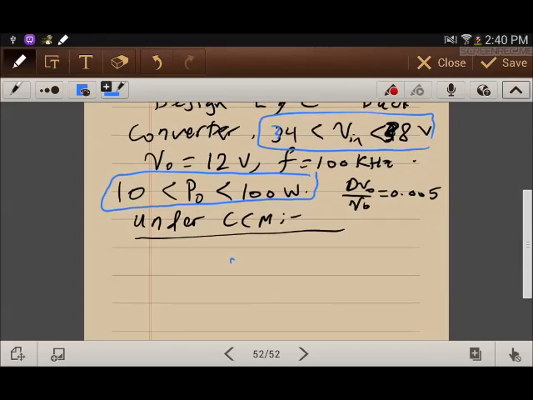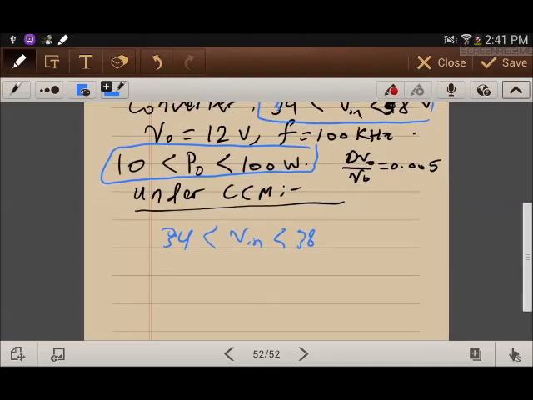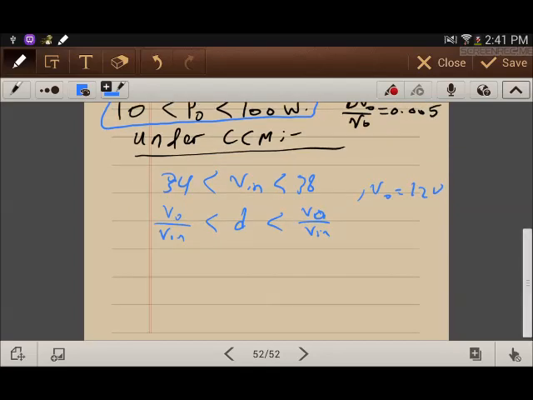Since the input voltage is less than 38 and greater than 34, and the output voltage is constant, which is 12 volt, then the duty cycle is going to be V out over Vn. So the duty cycle is going to be between 12 over 38 and 12 over 34.